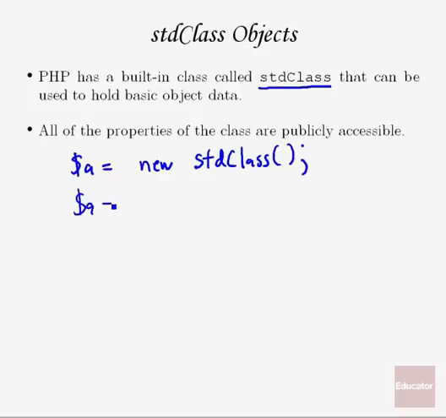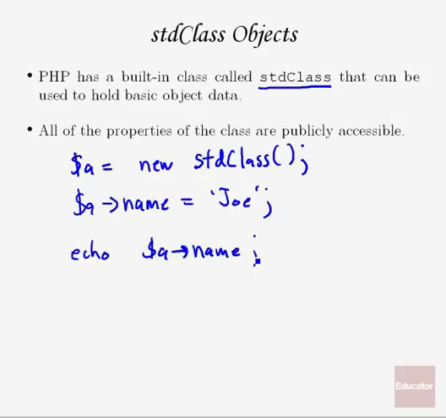And then you can just set properties on it, and it'll automatically set them. So for example, we have this new object $a that has no properties. Well, we could create a new property on it simply by setting a property name equal to Joe. And then we could access that property simply using the arrow syntax as we normally would on an object, and that would output the name that we've set.